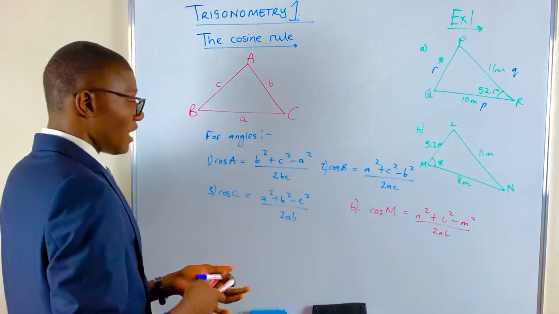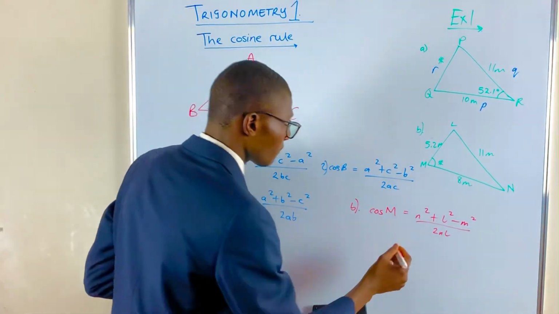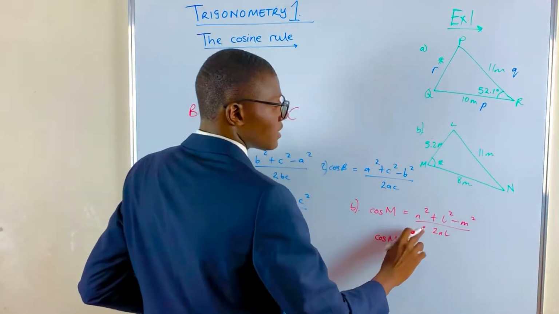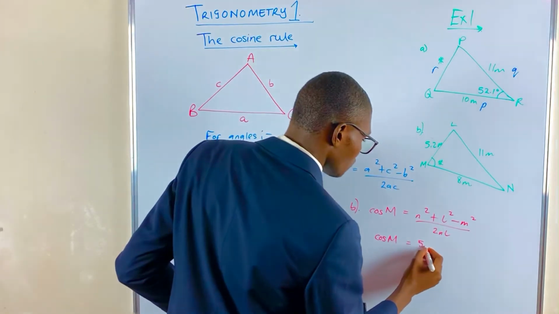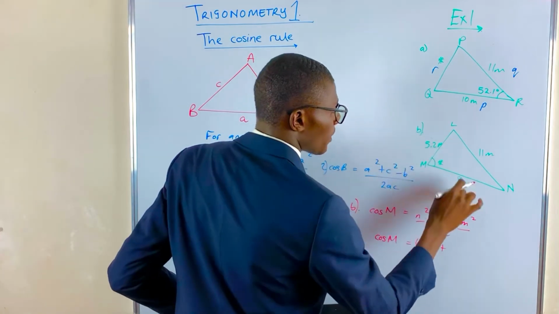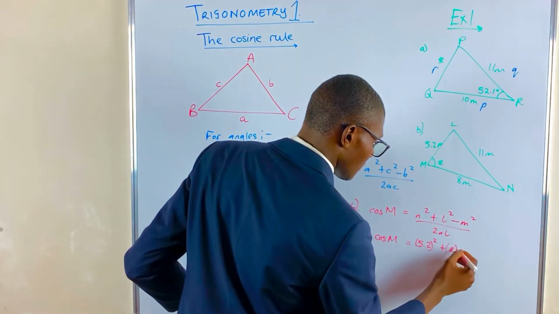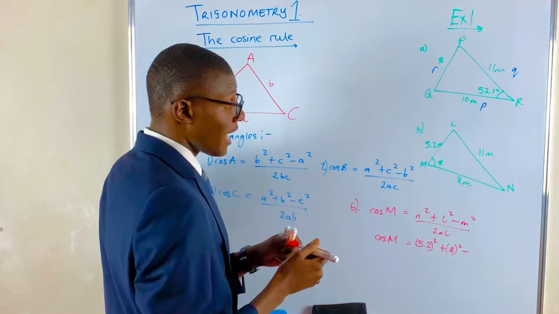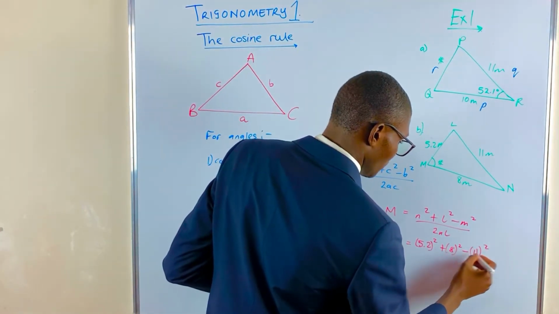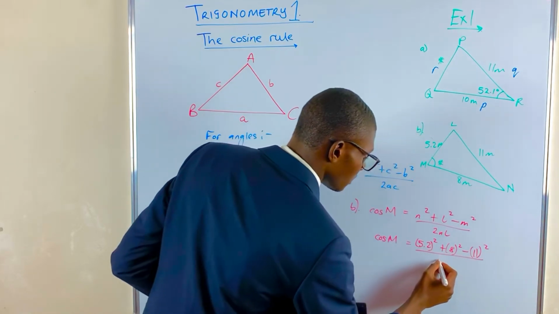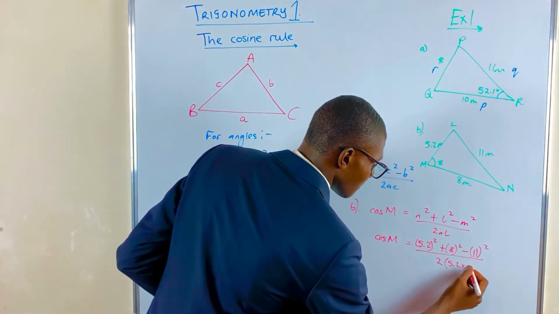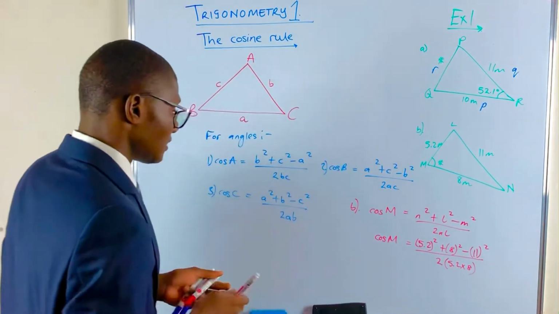Now we can substitute to say cos M is equal to side n squared, that's 5.2 squared, plus side L squared, that's 8 squared, minus side M squared, that's 11 squared, over 2 times 5.2 times 8.